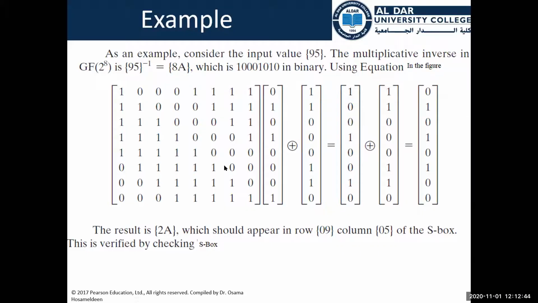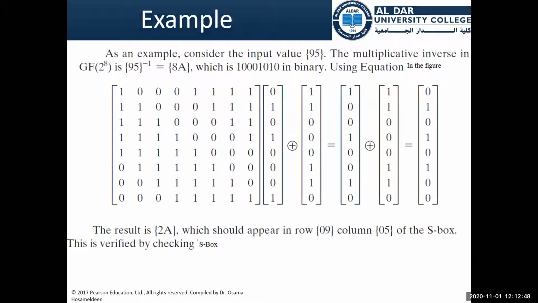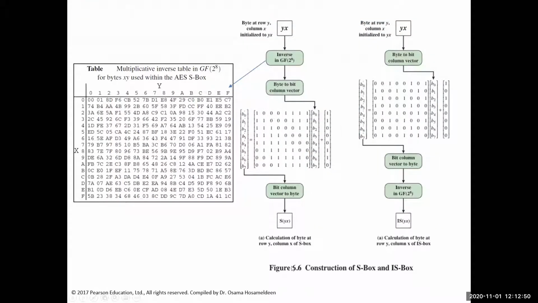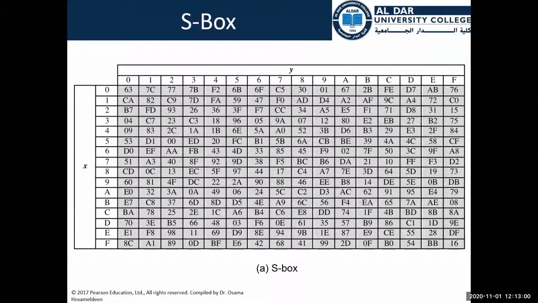So this way, we now understand how to get the inverse S box, and the operation of getting the inverse S box is to the right-hand side. So now we know that the S box and the inverse S box are not created randomly, and instead they are created by a specific multiplication.